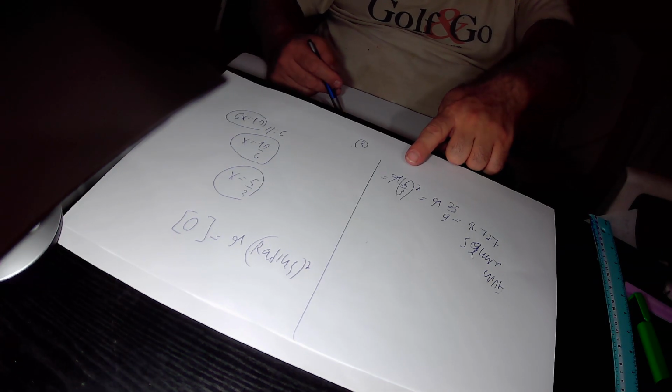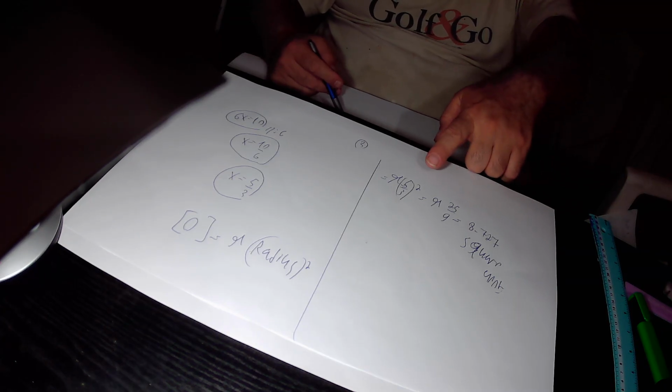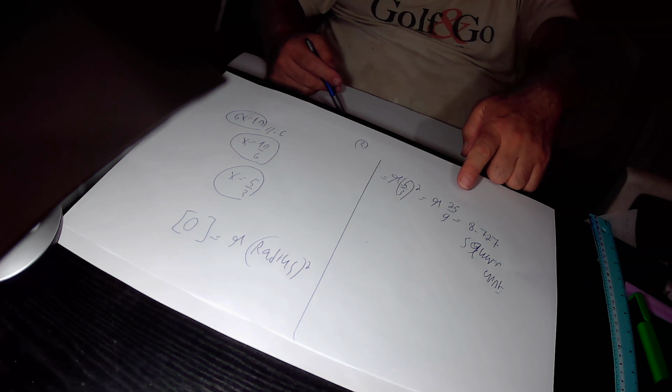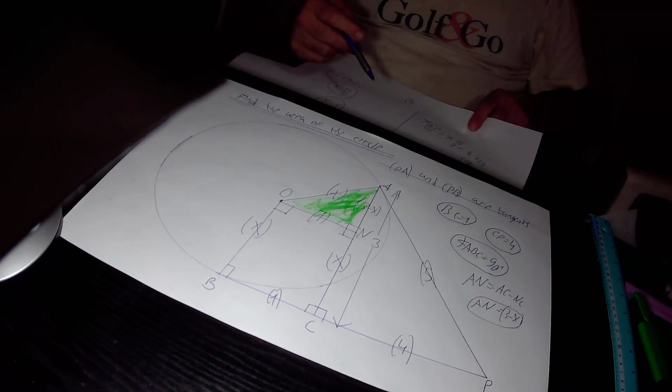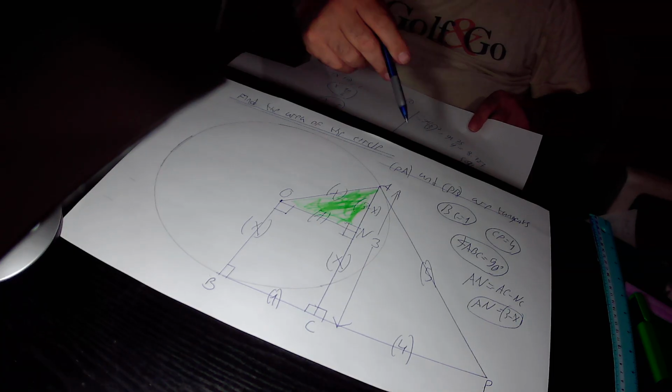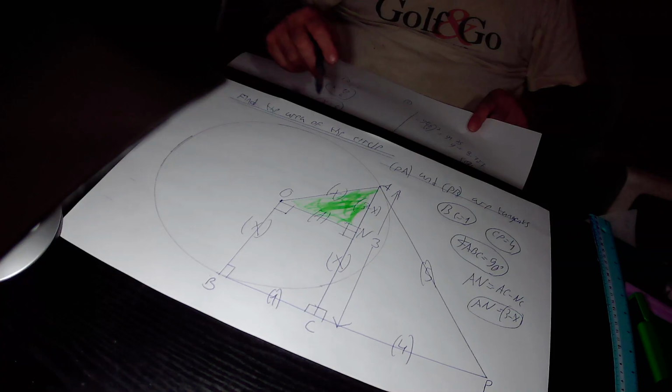So the area of the circle equals pi times 5 over 3 squared. 5 over 3 squared equals 5 squared, that is 25, over 3 squared, that is 9. So in total, the area of the circle equals 25 pi over 9 square units. In terms of numbers, the area of the circle equals 8.727 square units. Okay, thank you very much.